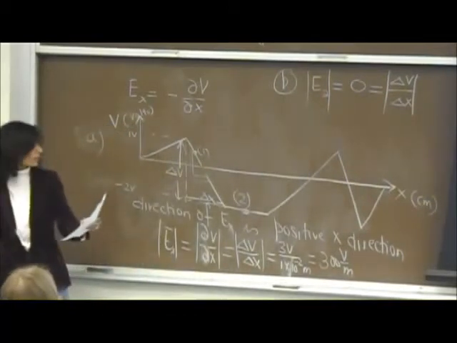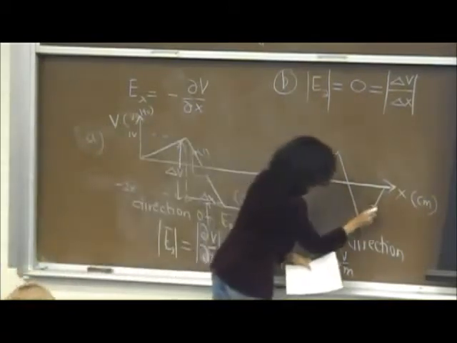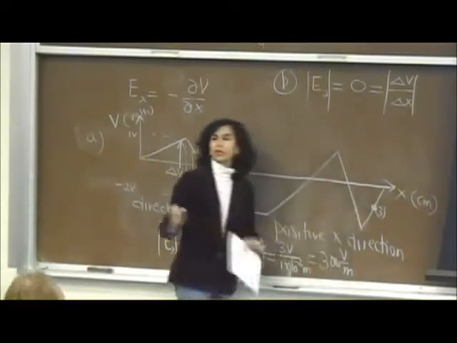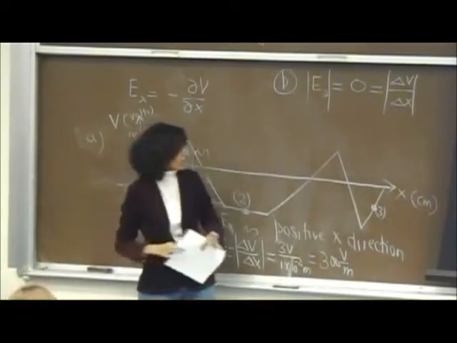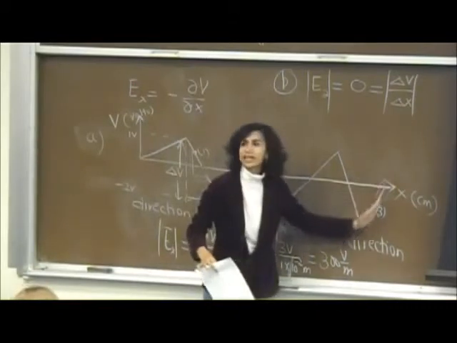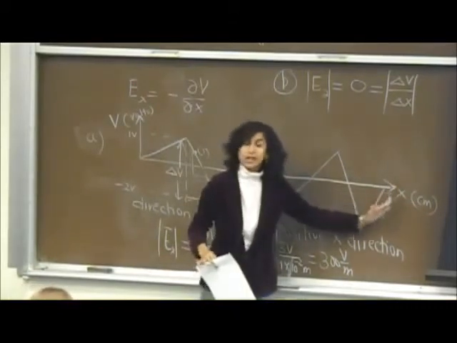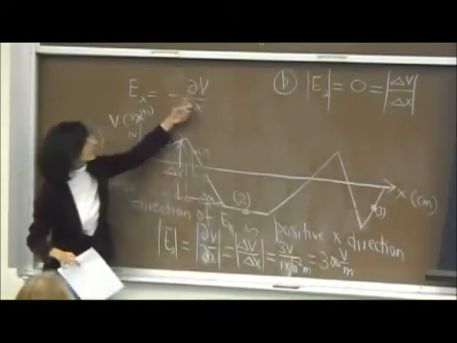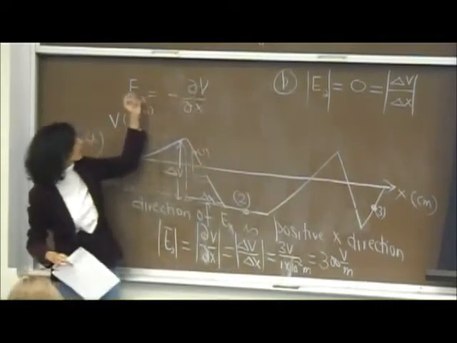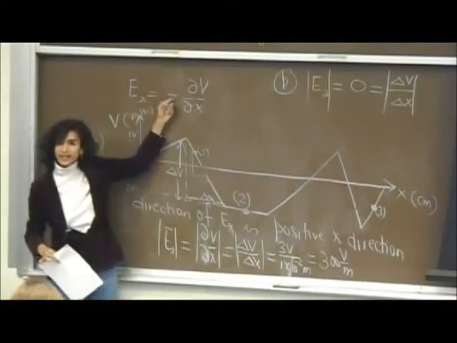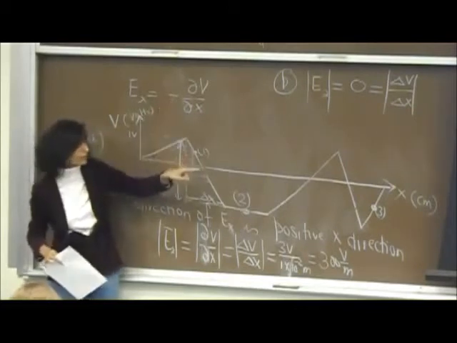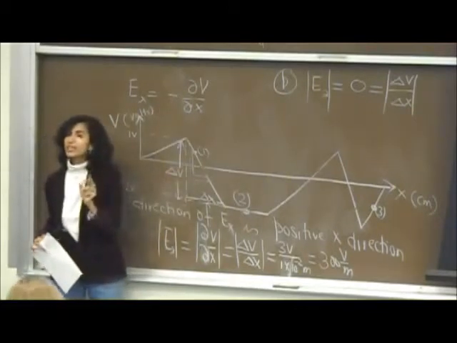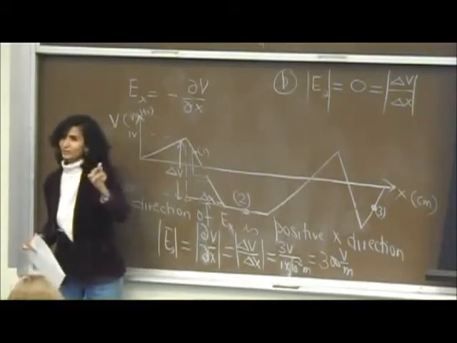Okay, let's look at number 3, folks. So number 3 is a point over here. Is the slope of this line positive or negative? Positive. So that means that dV over dx over there is positive, and that means the electric field will have a negative sign. So does everybody see that at point 3 the electric field will be pointing in the negative x direction, right?